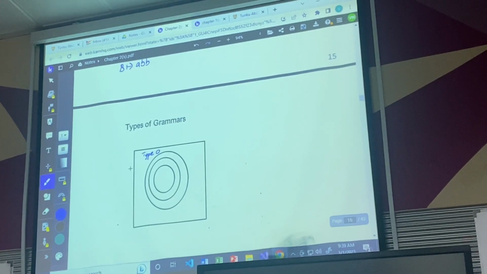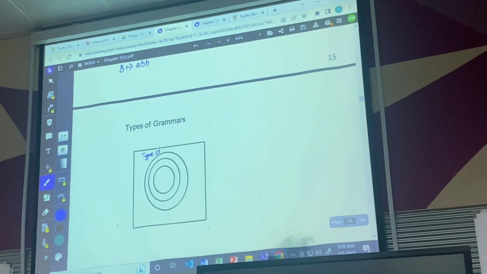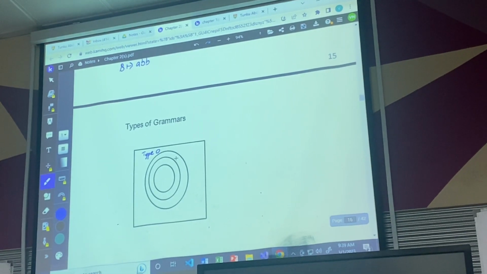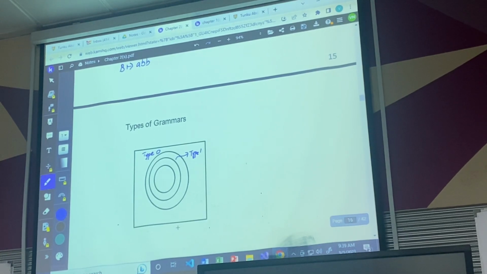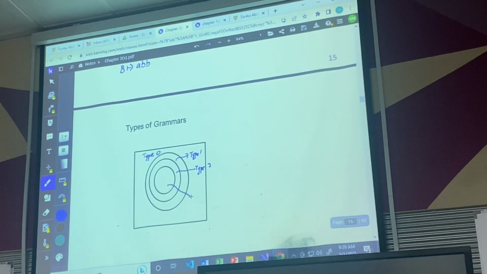Which one is a subset to which one? Zero. If it is type 0, it can be type 1, right? Okay, 0. And then this one can be type 1 inside here, and here is type 2. Okay, and inside here will be type 3.